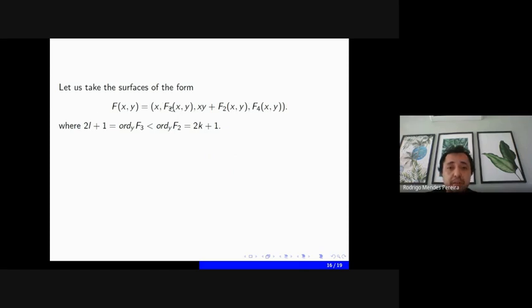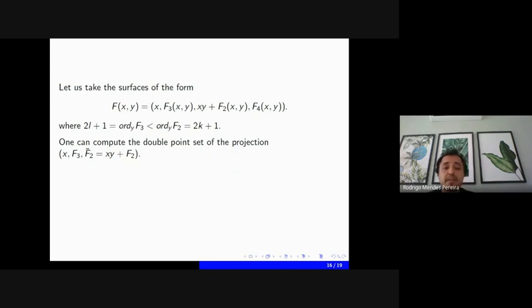And remember, these first two coordinates parameterize the projection of the surface on the tangent cone. So from this parameterization, you can estimate or compute the double point set.